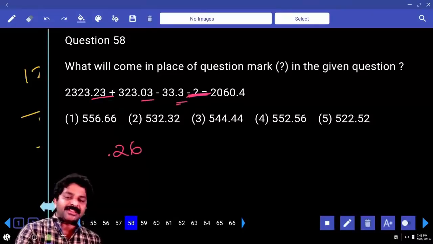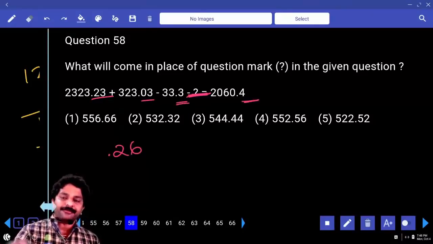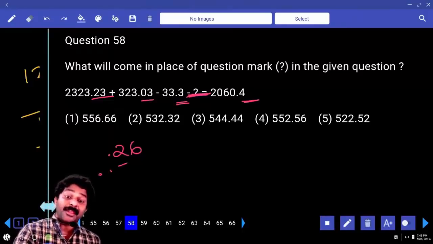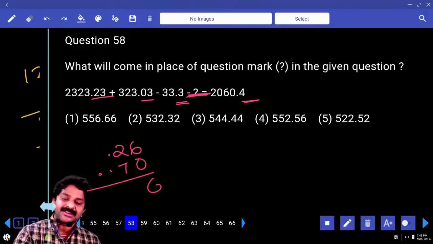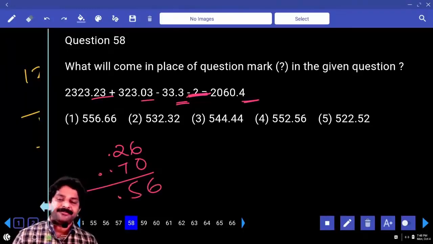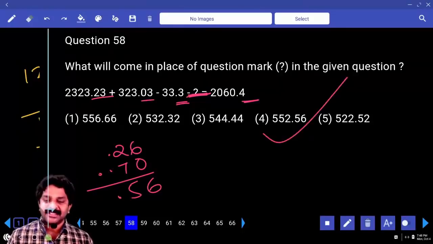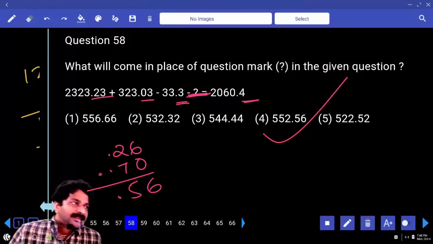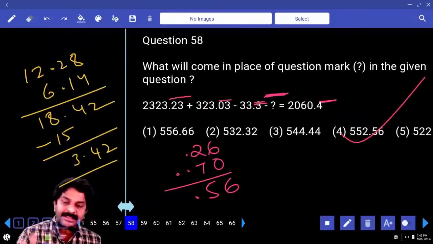Negative numbers, 0.3 or 30, 4 or 40. 0.30, 0.40, 0.70. That means here you should get 6 and here it is 5. Answer must end with 0.56. How many options are there? Only one. Is it clear? Next.